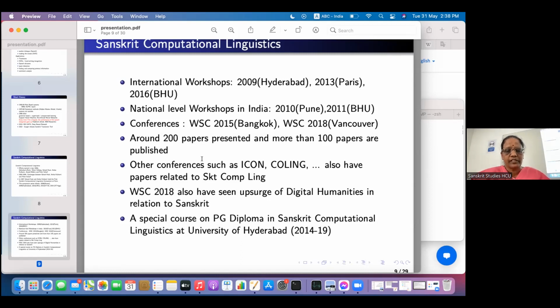There were other conferences where papers on Sanskrit Computational Linguistics were published, and now it is part of the World Sanskrit Conference as well, with sessions in 2015 and 2018. In addition to computational linguistics, people are also interested in digital humanities, and there are some efforts in this direction as far as Sanskrit is concerned.